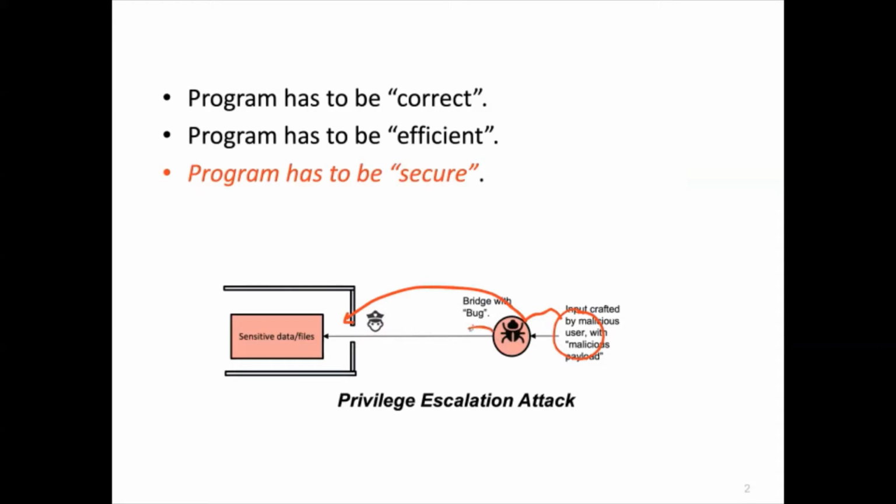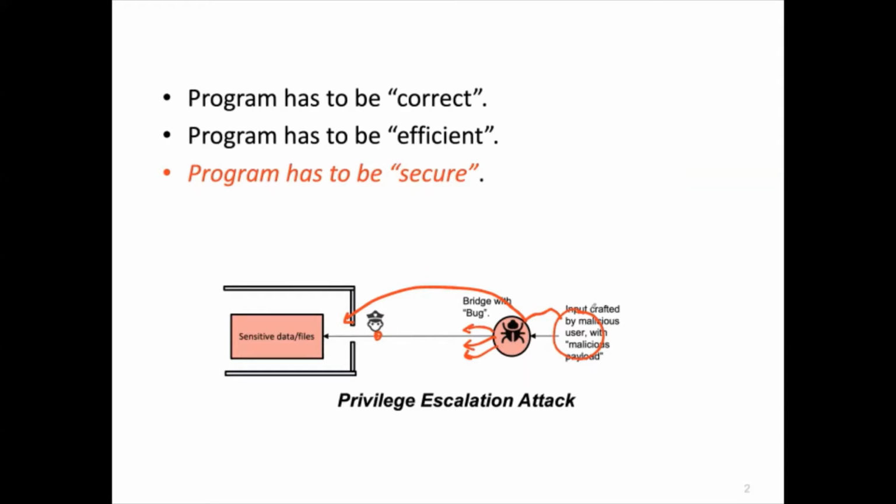You may think that the bridge is so important that it will not contain bugs. Unfortunately, in reality, many programs are buggy. They are not implemented correctly, and this differs from the original intent of the programmer.